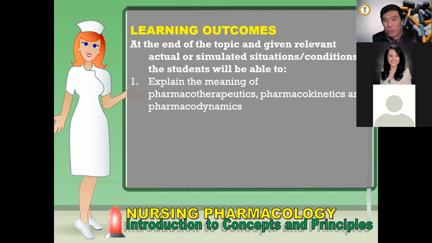Once it is absorbed in the intestine, after the intestine, the liver will detoxify the drug. Class, let's put this in mind that not all of us have the same level of need when it comes to drugs. The two major organs that are very significant in absorption, distribution, metabolism, and elimination are the liver and the kidney.